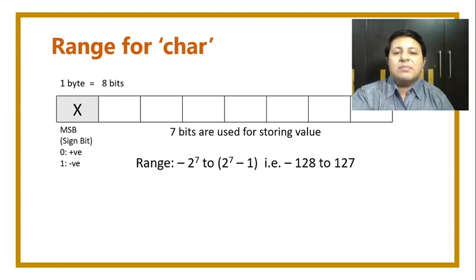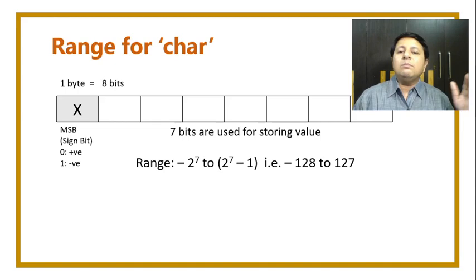As I just said, with 7 bits I'll be able to store 2 raised to 7 values. So on the negative side, it'll be from -1 to -2 raised to 7. But on the positive side, it'll be 0 to 2 raised to 7 minus 1, because we start with 0. If I combine that range, it'll be -2 raised to 7 to 2 raised to 7 minus 1, which is -128 to 127.